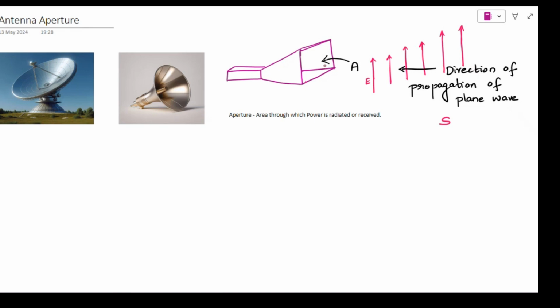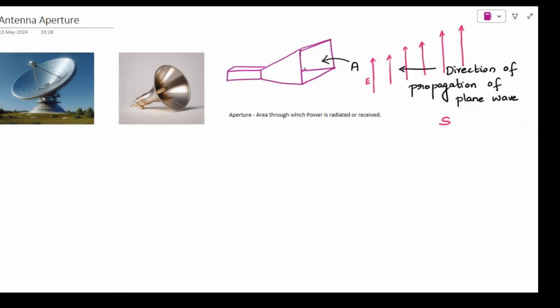So if this horn antenna is extracting all the power, because this is the area through which the electromagnetic radiation is coming, just consider that this is the area over which all the power is being extracted or absorbed.